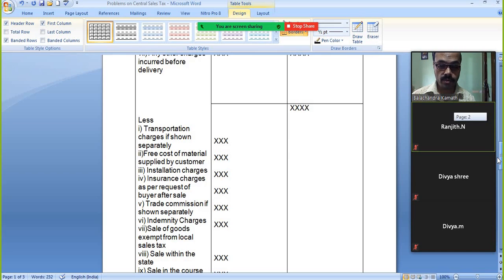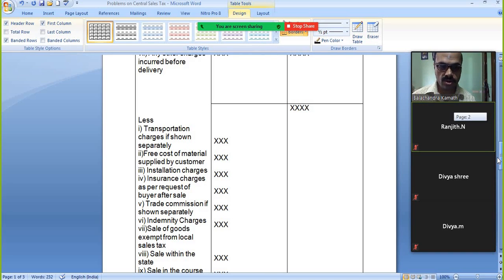Say for example 50,000 is the total transportation charges. Out of that, 20,000 is shown separately, so only that 20,000 will be deductible.